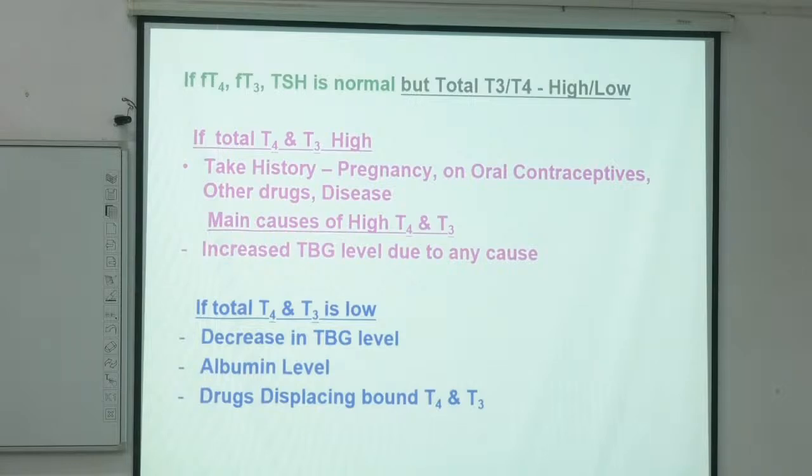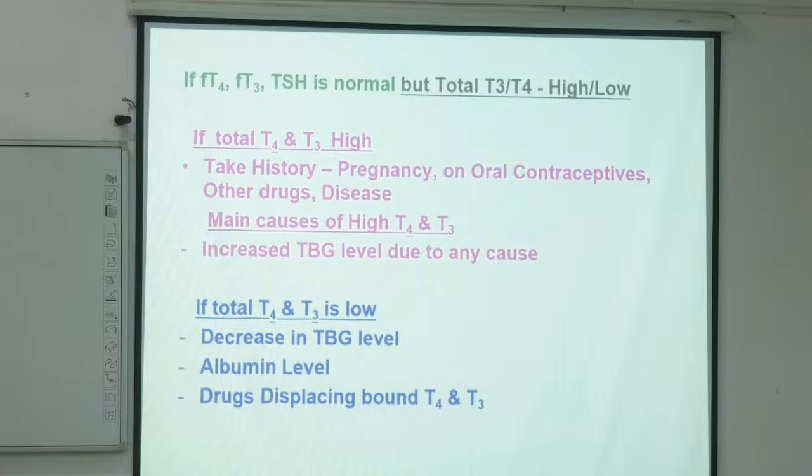If the total T3 and T4 is high, take history first, what drug he is taking. Normally this occurs in most of the ladies, and ideally they are on oral contraceptives or they are pregnant, and that is the reason why total T4 or T3 level is high, with increased TBG level acting as a reservoir, and that gives a false representation of high T4 and T3 level, but not TSH.